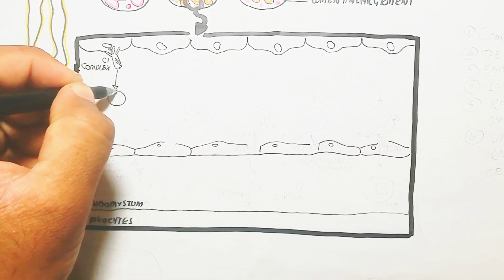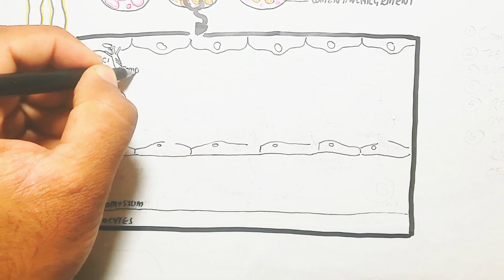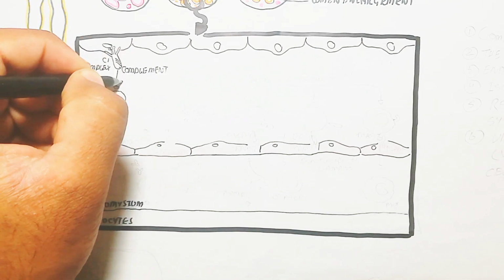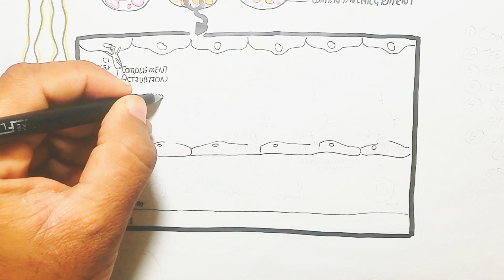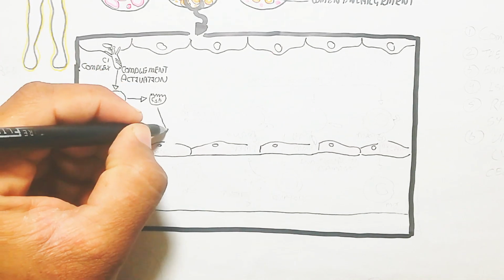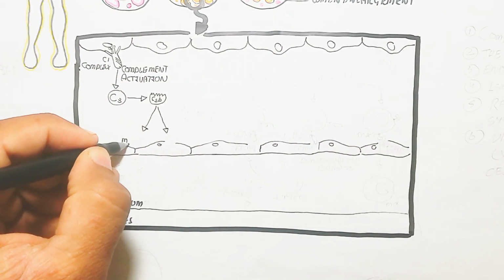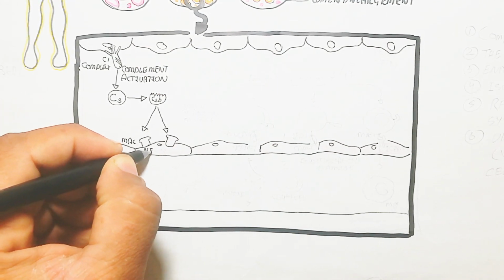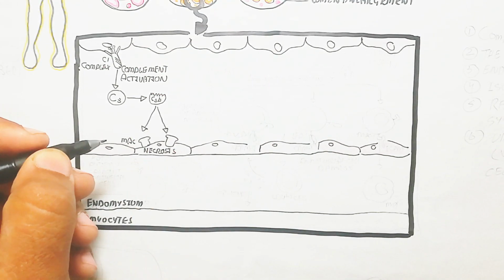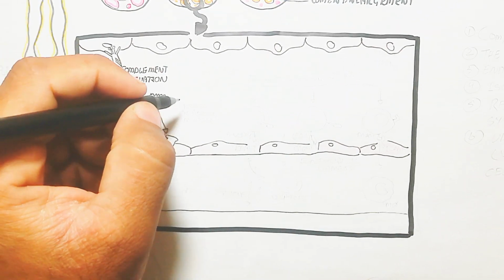Basically this is the lumen of the capillary. Complement activation to C3, and this cascade of phosphorylation will activate the C3b. This C3b will attach with the MAC, so MAC formation through C3b.